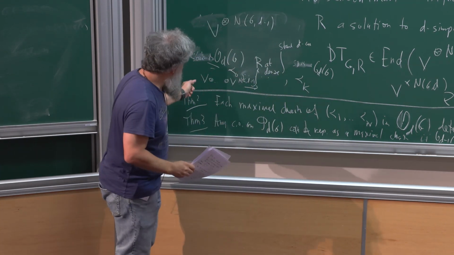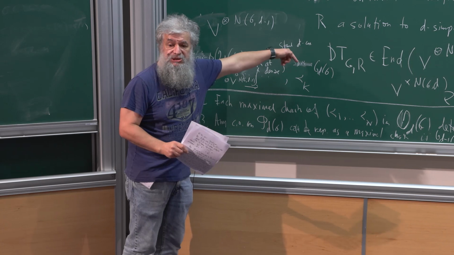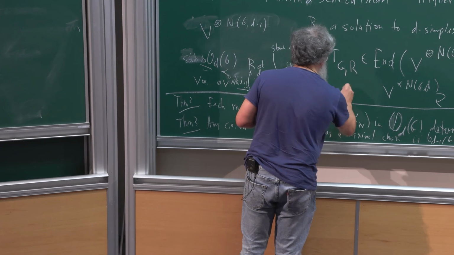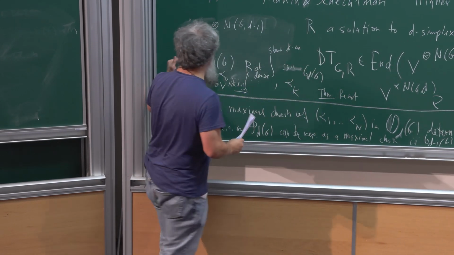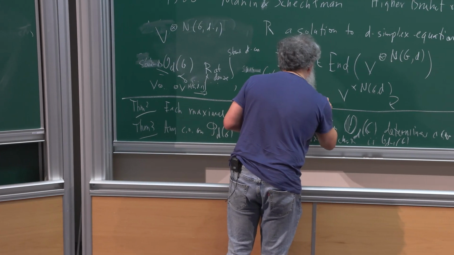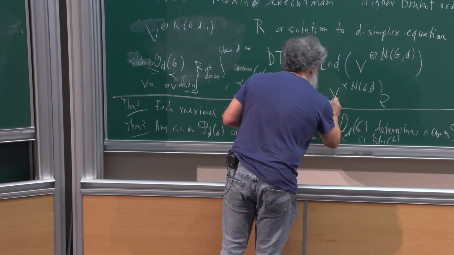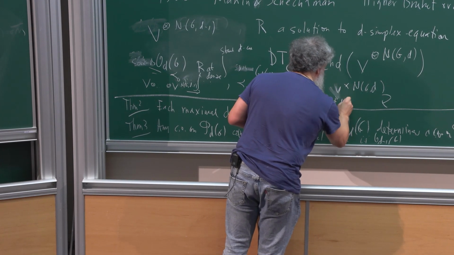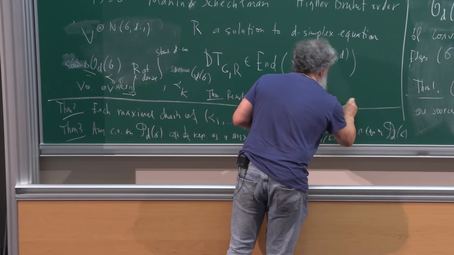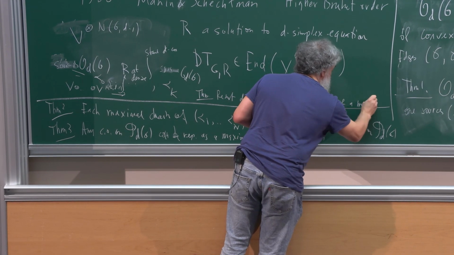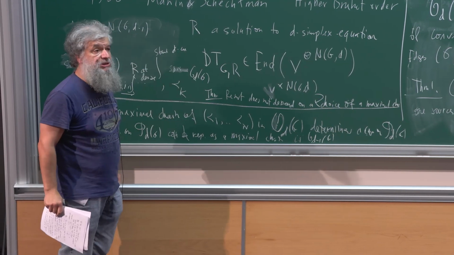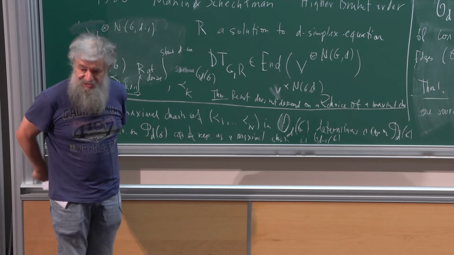And then we apply this R to this element, and then we continue following this chain, and then the theorem: the result of this application along this chain doesn't depend on the choice of the chain, of a maximal chain. And so we get such an element. Okay, so thank you for attention.